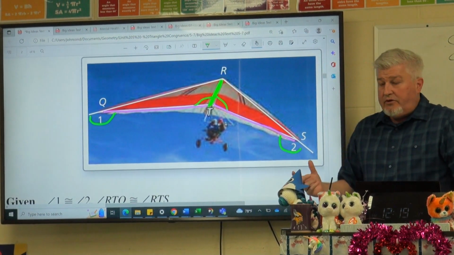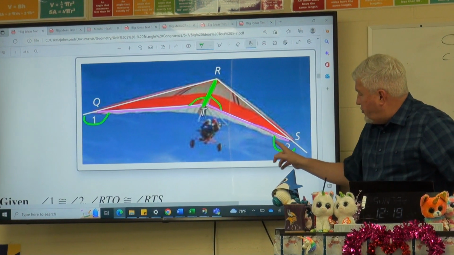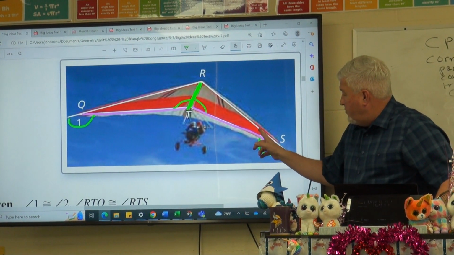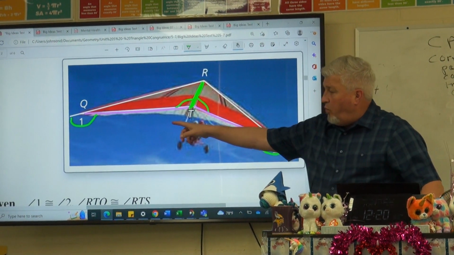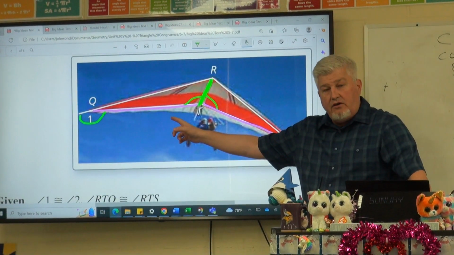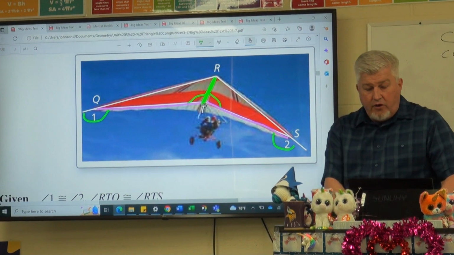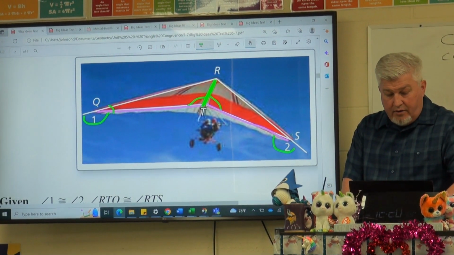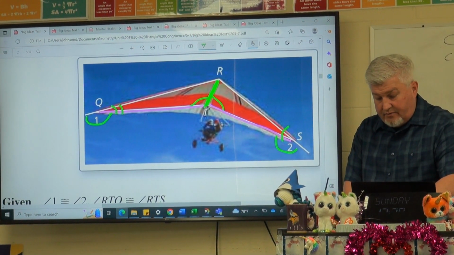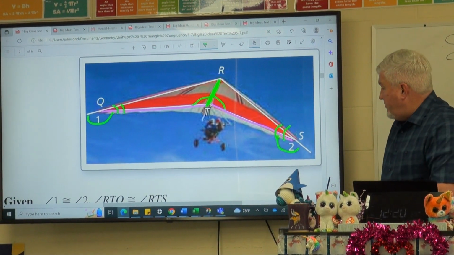However, you should know by now, angle 2 forms a linear pair with angle S, and angle 1 forms a linear pair with angle Q. And since angle 2 and angle 1 are congruent, those angles they form are also congruent. Right?